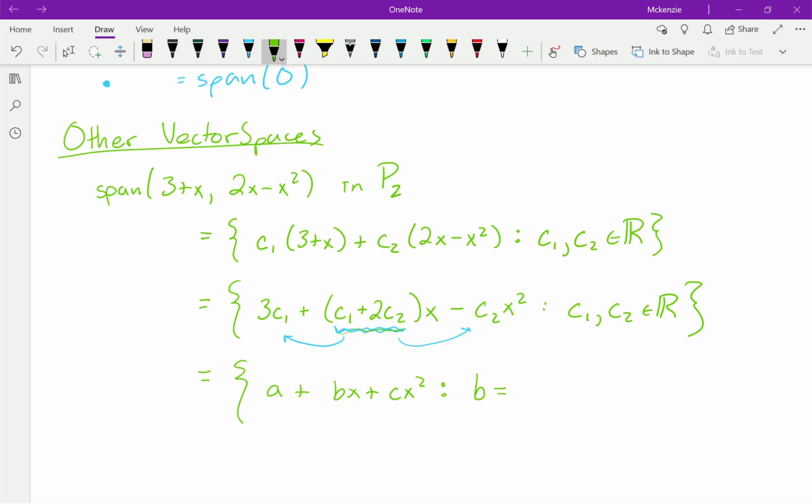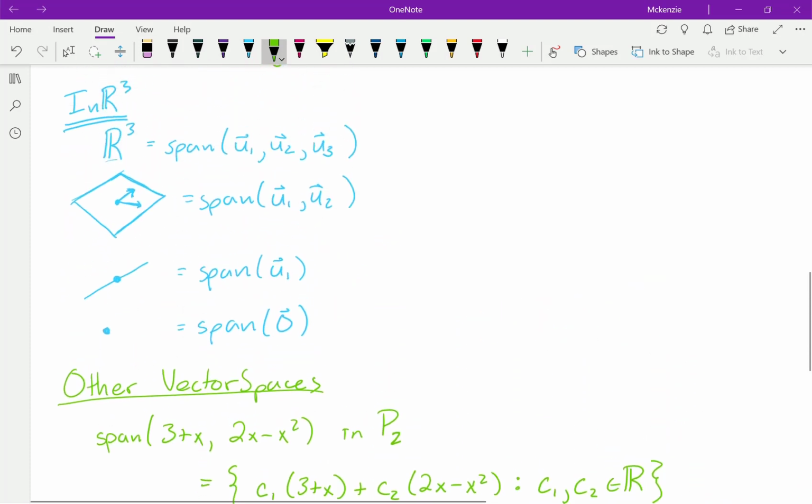Well, it's 1/3 times the constant term plus 2, from the 2 there, times the negative of the term in front of x squared, where a, b, and c are real numbers. All right. So whichever one of these has the most meaning to you, then that's the one that matters, right?